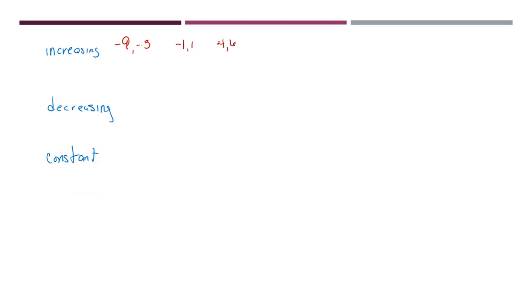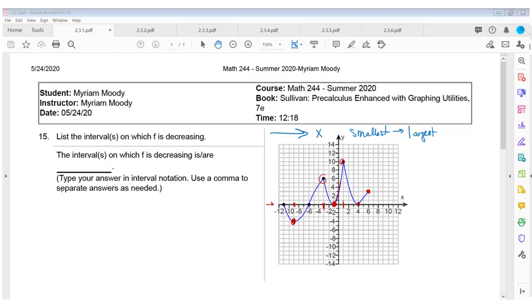Now, depending upon the author of the book, they may put parentheses around these or they may put brackets. And you're like, well, why brackets? Because all of those were solid dots, so they should all be brackets, not parentheses. And I understand that. But also understand that these solid dots, this is where the graph is making a turn from an increase to a decrease, or vice versa, from a decrease to an increase.